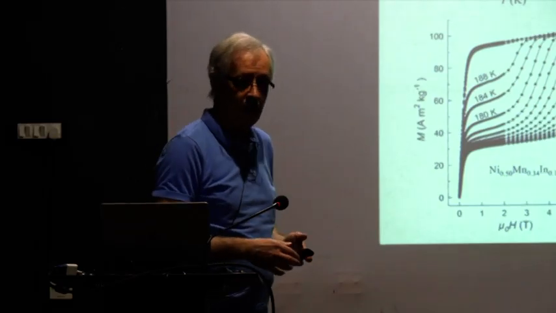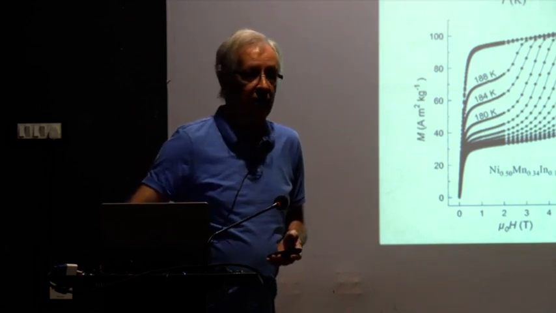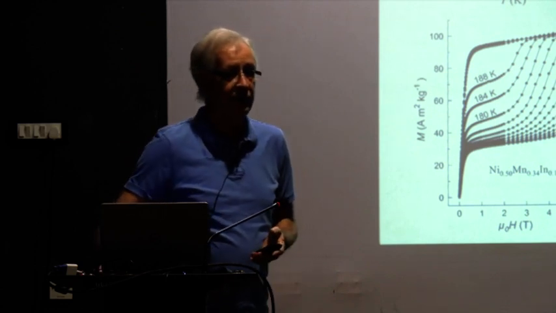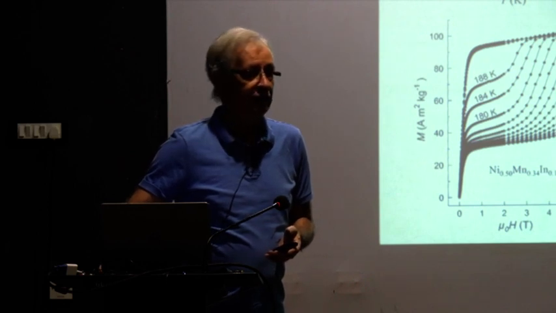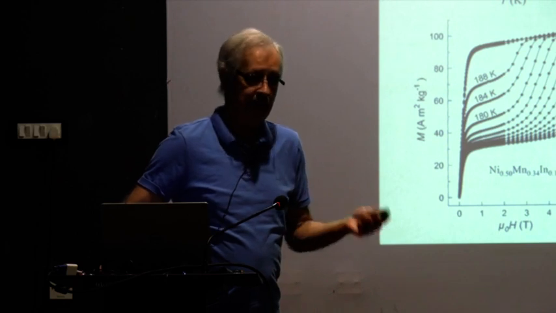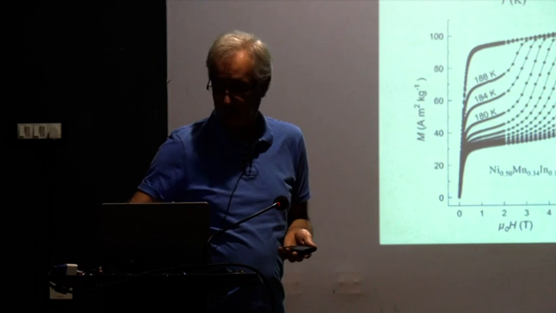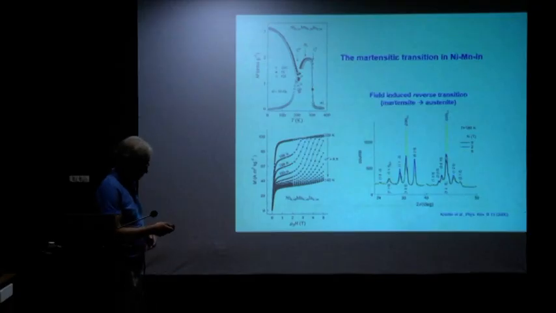Now, this we called a field-induced transition, but to really convince ourselves and to prove that this is a process in which the magnetic field is taking us from one crystallographic state to another, namely from martensite to austenite, we do the diffraction under magnetic field.